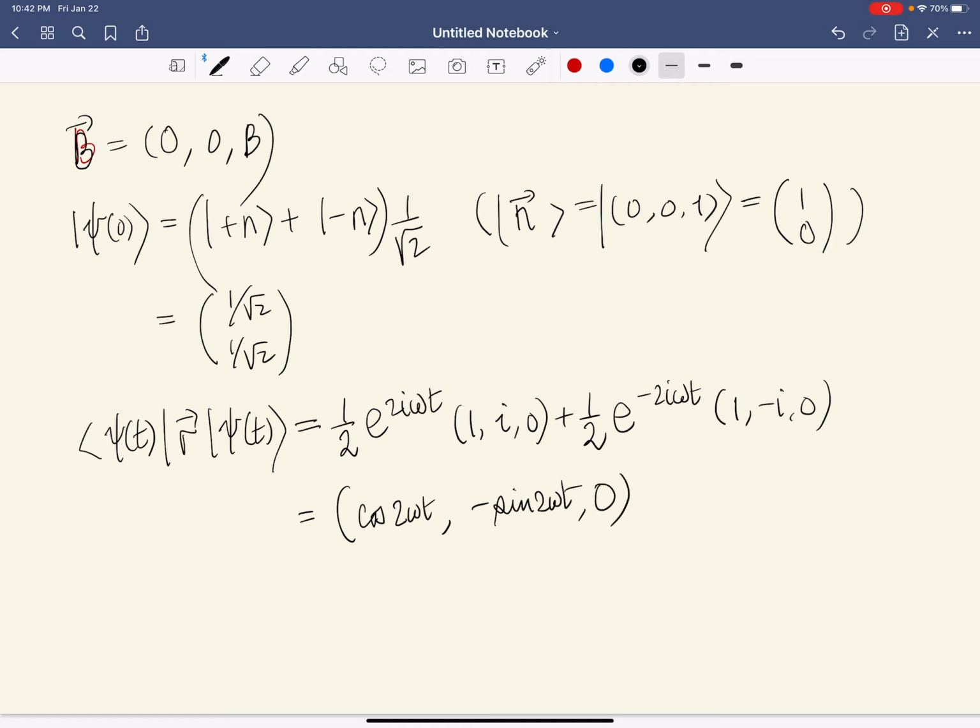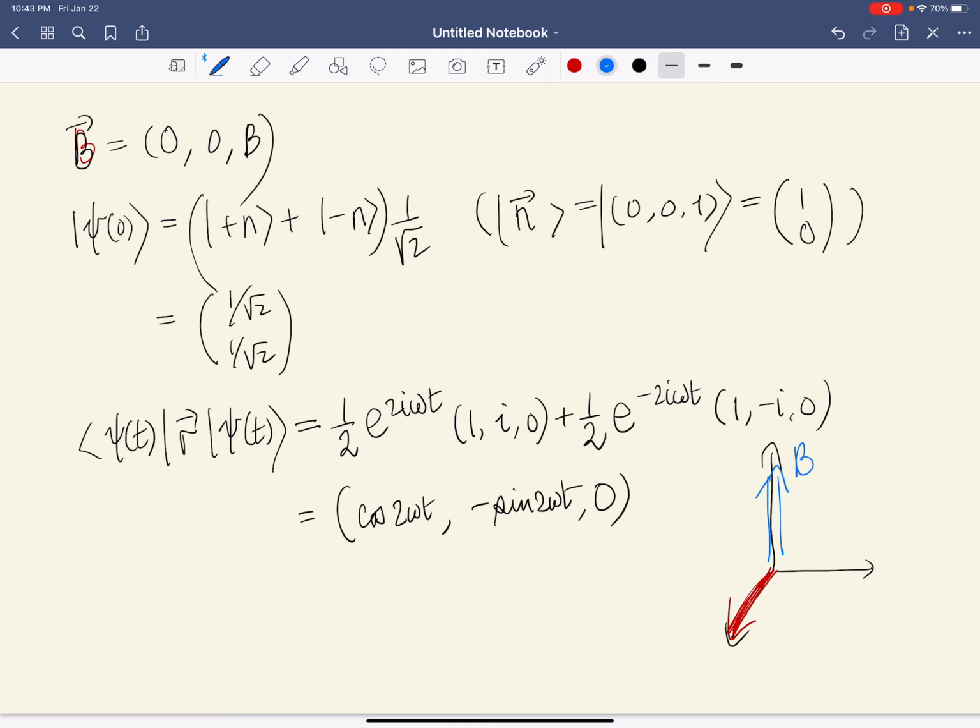Okay, so this is actually good because as promised, we have this initial spin pointing along the x-axis. That was the initial state. But now the magnetic field is directed along the z-axis.